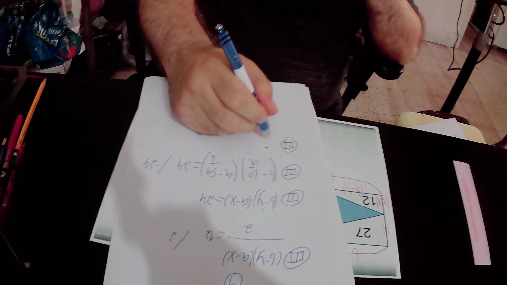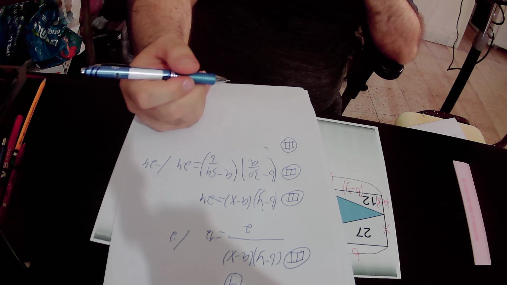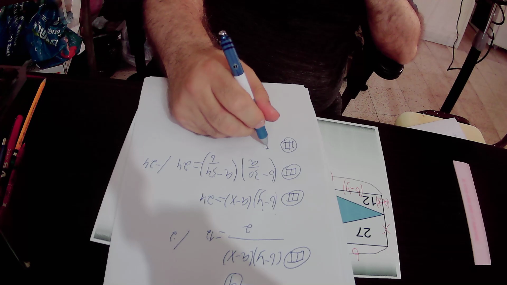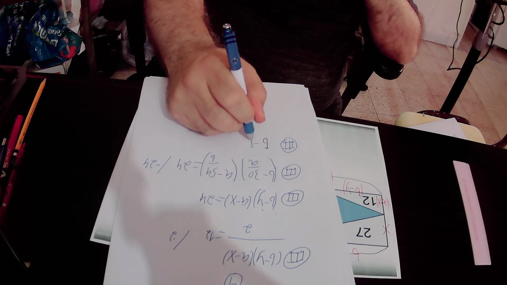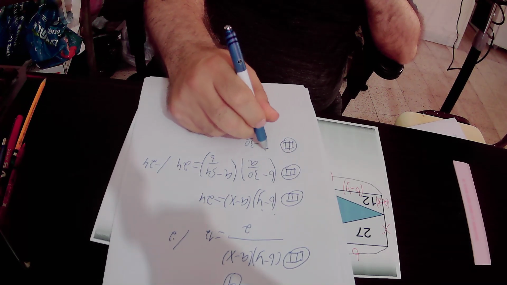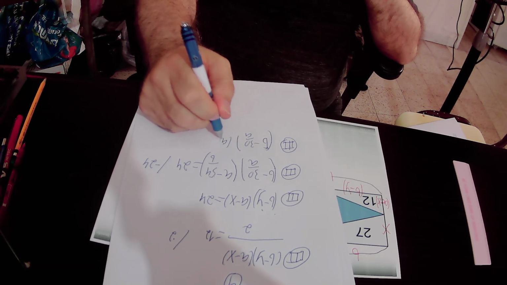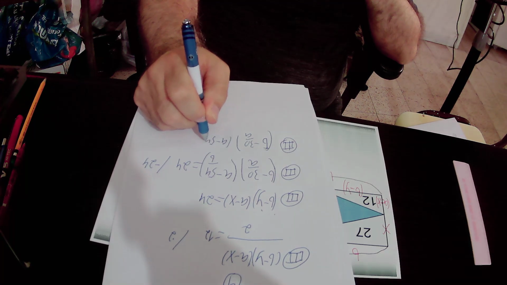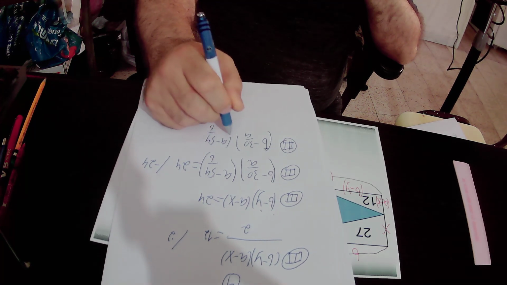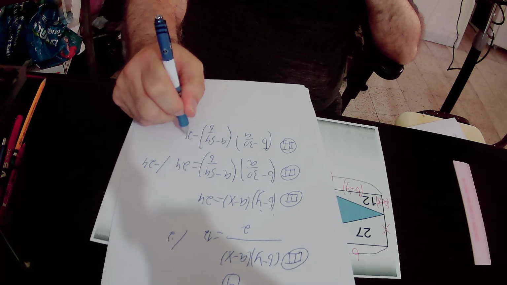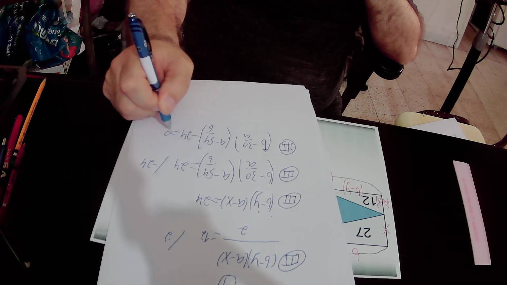We get that (b minus 30 over a) times (a minus 54 over b) minus 24 equals 0.